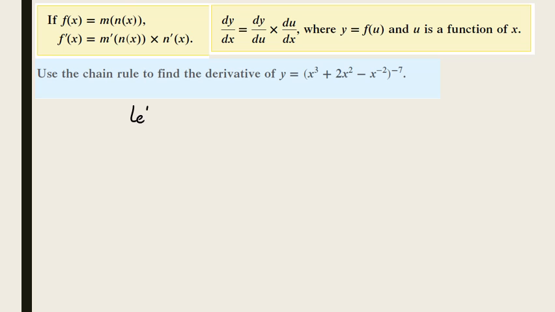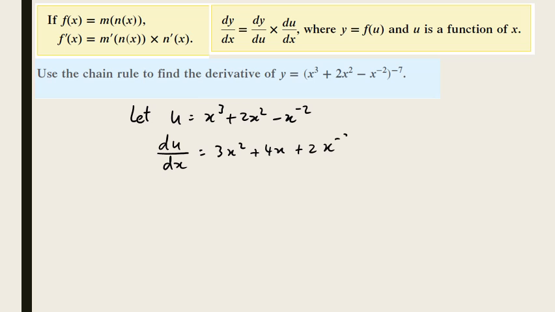So you let u equal to x cubed plus 2x squared minus x to the power of negative 2. Then you find the derivative of that, which is 3x squared plus 4x plus 2x to the power of negative 3.